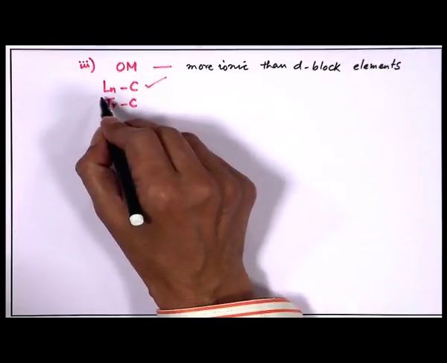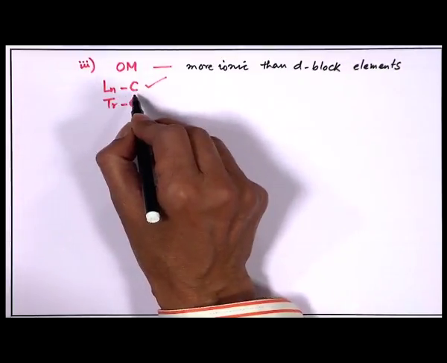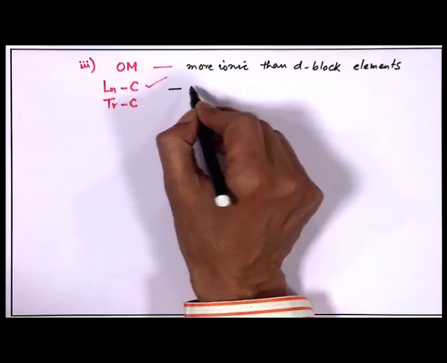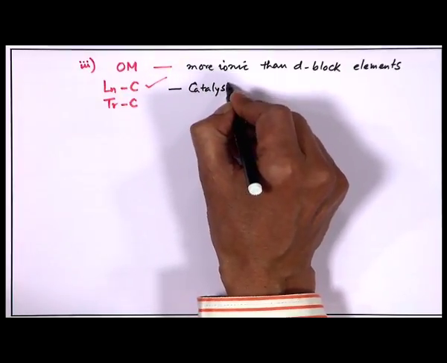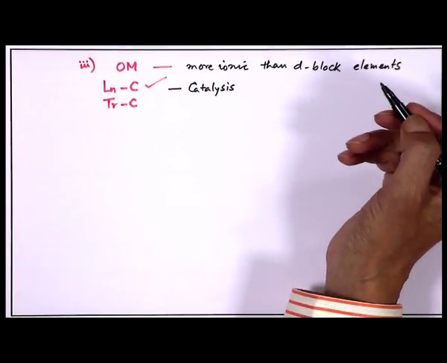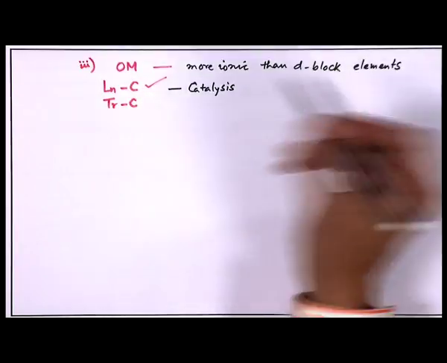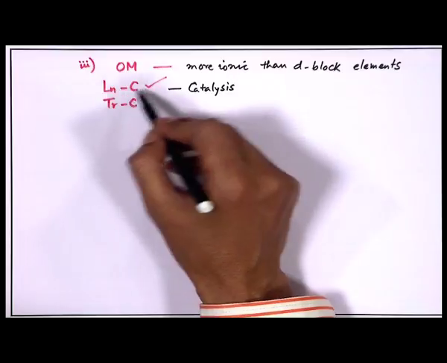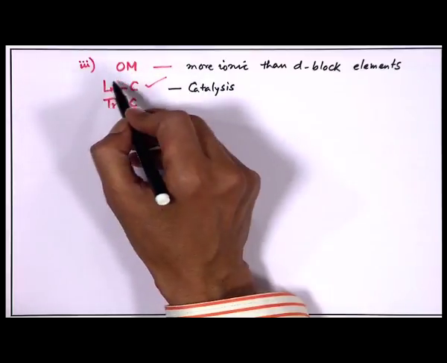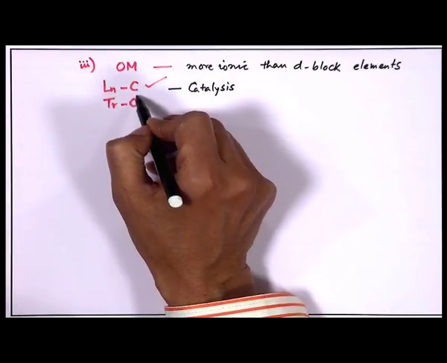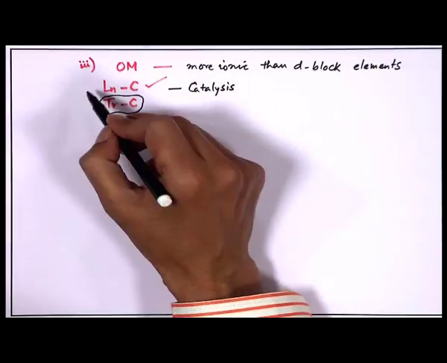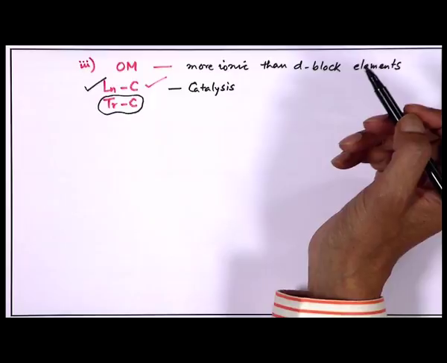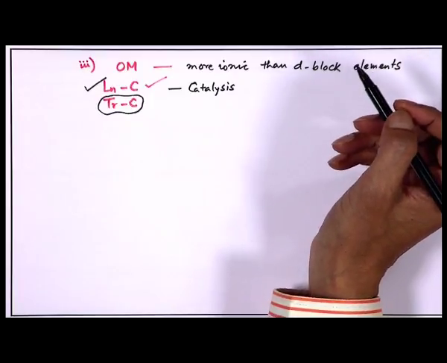So, if this particular bond, the metal carbon bond, is important for any other property, particularly catalysis, that will also affect the corresponding catalytic behavior. So, we can substitute these catalysts which have a transition metal and carbon bond with a lanthanoid and carbon bond.